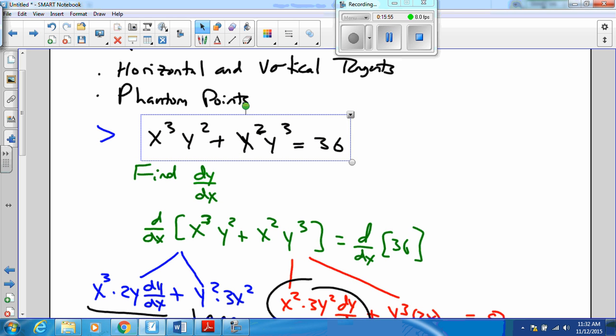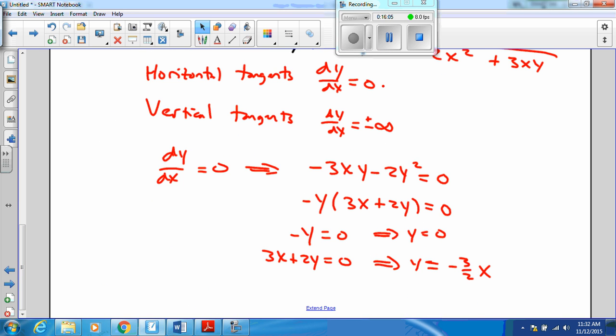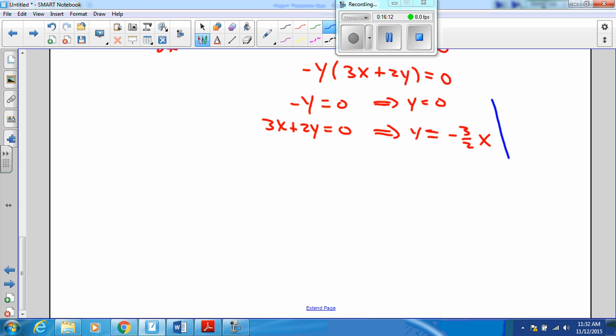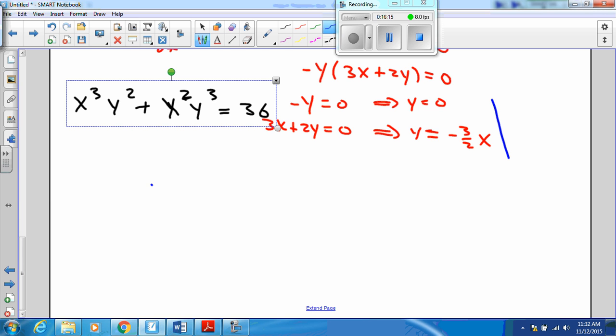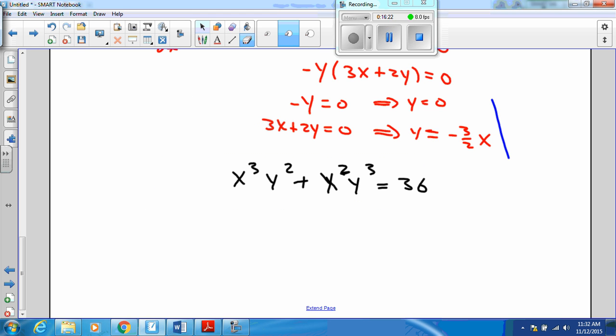Keep in mind that x cubed y squared plus x squared y cubed is equal to 36. And now let's take that and combine that with the information that we have found for our horizontal tangents. Plug in y equals 0, and plug in y equals negative 3 halves x.